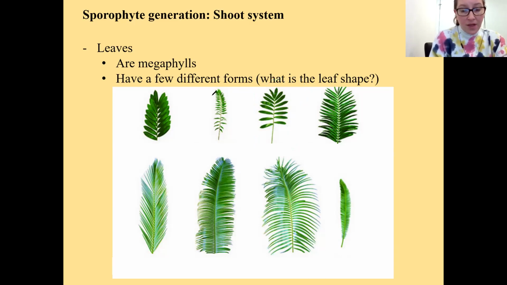Because of that, you could also say this is 1 times pinnately compound, which I just wrote in the chat box. There's examples of 2 times and more than 2 times pinnately compound in the fern lectures.